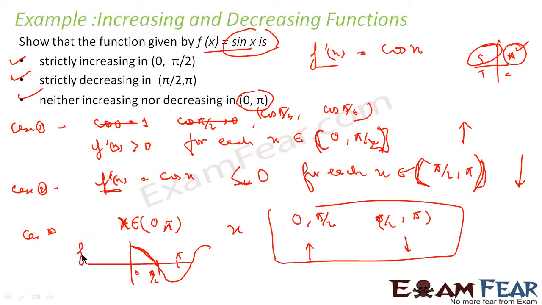Please note, this is not the graph of f(x). This is the graph of f dash x. So from here to here is positive, and from here to here negative. This is cos x actually. If you draw the graph of f(x), that is sin x, the graph is something like this, sin 0 is 0, like this. So from 0 to pi by 2, it is increasing, and pi by 2 to pi, it is decreasing. And that's how it is.